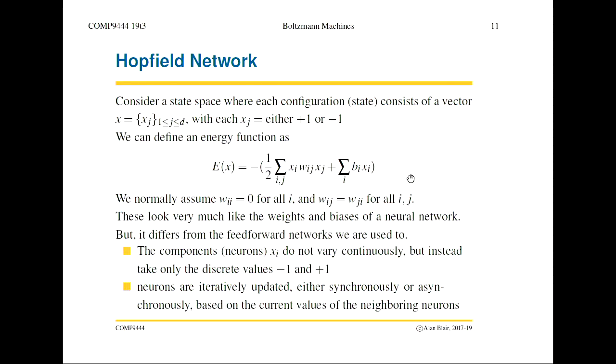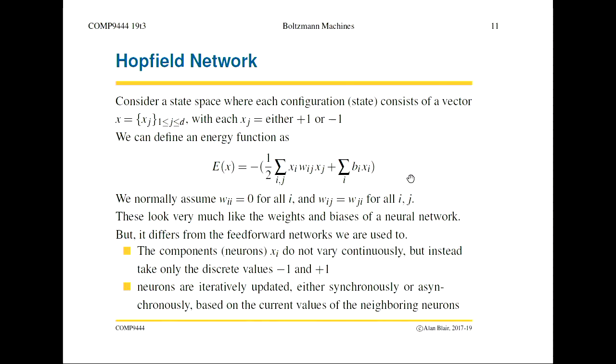Right, so we define this energy function, and as I said, we normally assume that wii is 0, and that wij equals wji, and also that bi is 0. Now you'll notice this looks very much like the weights and biases in a neural network, but it's different from the feed-forward networks that we've looked at before in a number of respects.